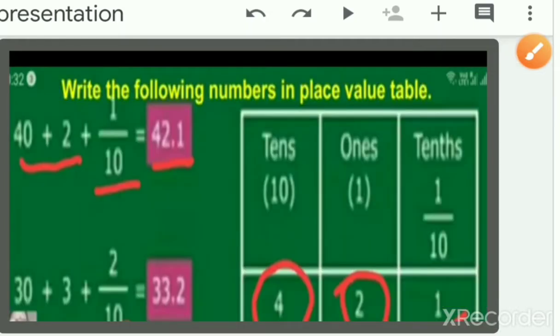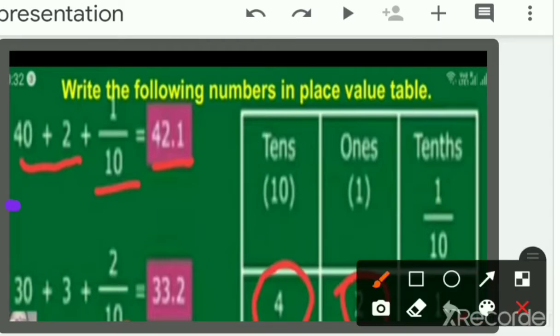Now we have: write the following numbers in a place value table. We have the number given to us as 40 plus 2 plus 1 by 10. 1 by 10 means it is after the decimal point, so which place is coming?